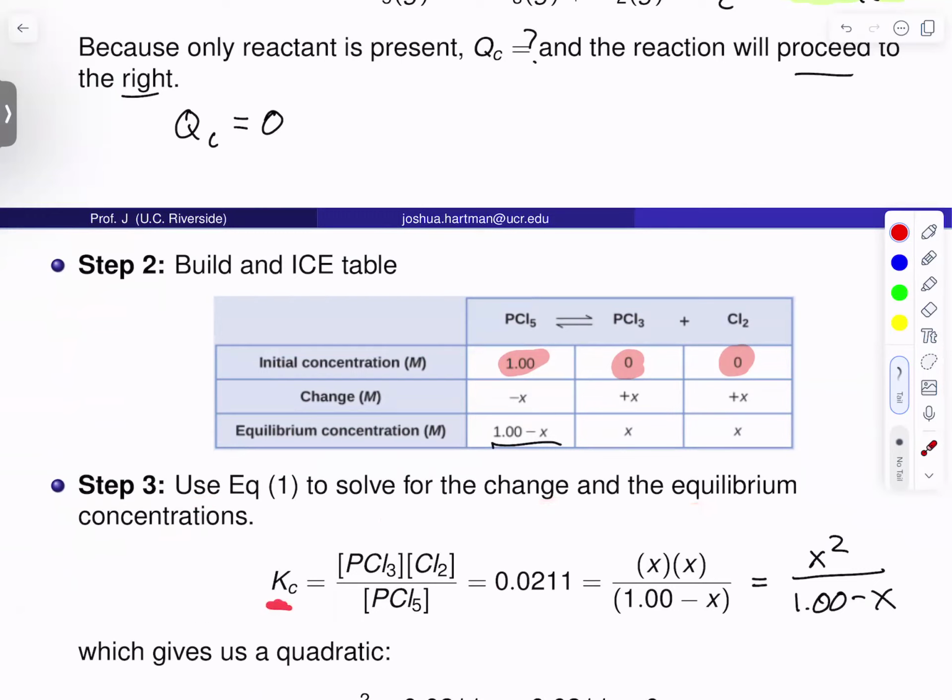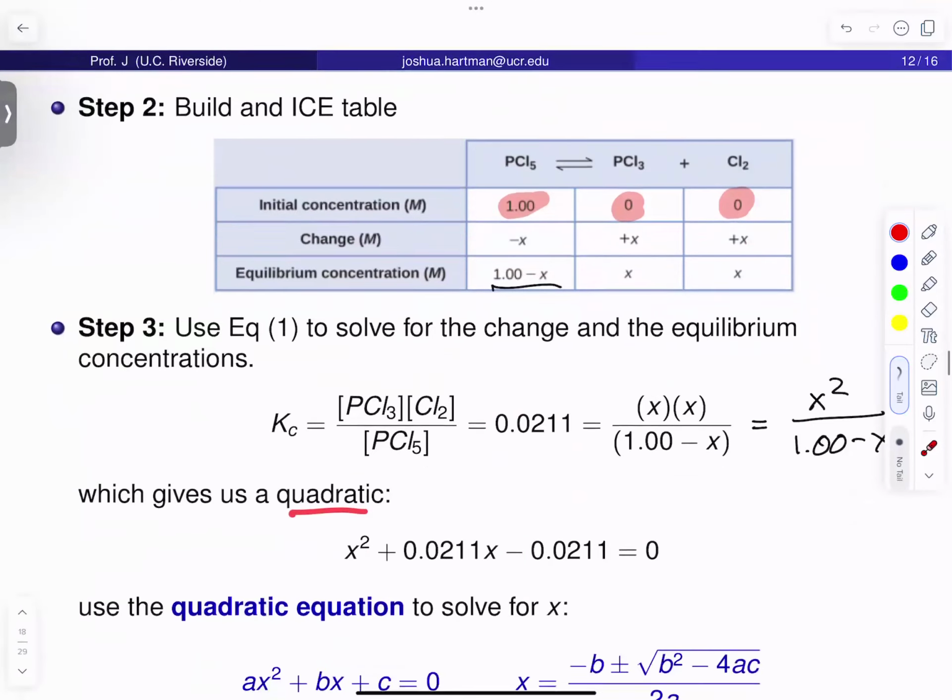So writing this out, we see we have this product over reactants ratio. We know the total answer, but now we're going to plug in terms of x, which gives us an expression Kc, 0.0211, equals x squared over 1 minus x. And of course, you hopefully will recognize this as a quadratic.